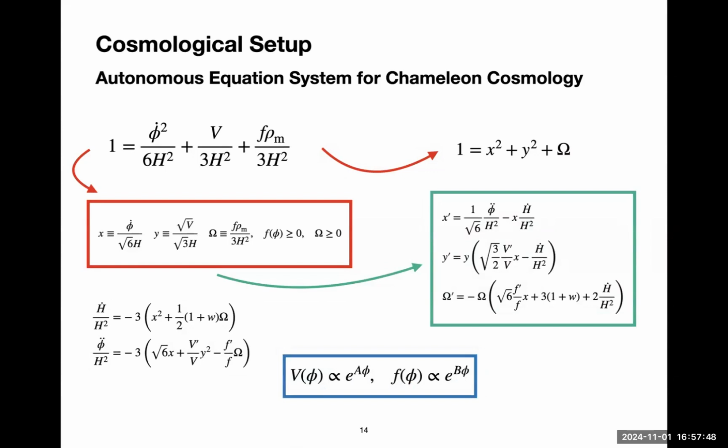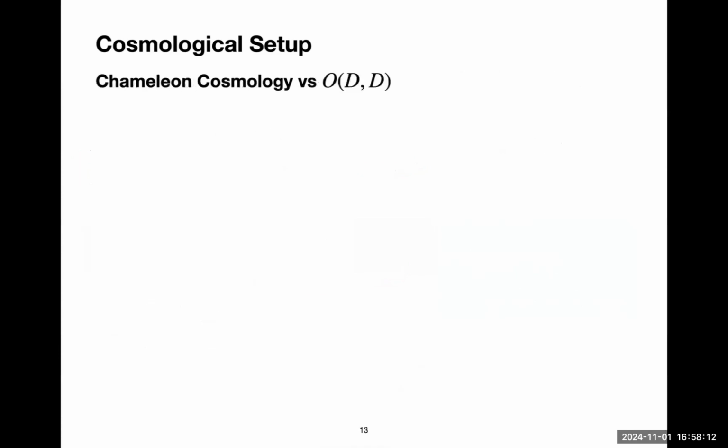But here now, before analyzing the system, we need to pick a form for the potential and the coupling function f. In this work we choose an exponential form for both the potential energy and the coupling function, where we will set the parameters a and b later on to match the contributions coming from both the ODD and the chameleon cosmology.